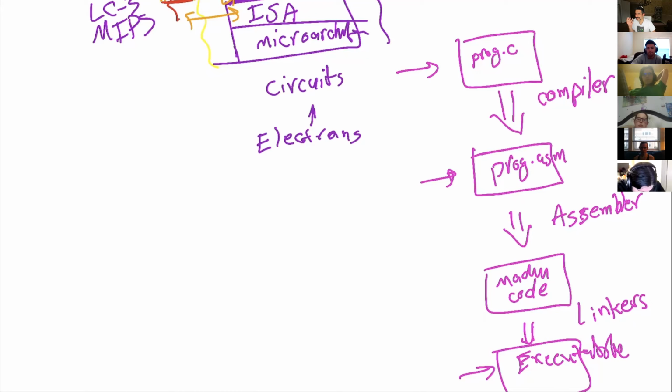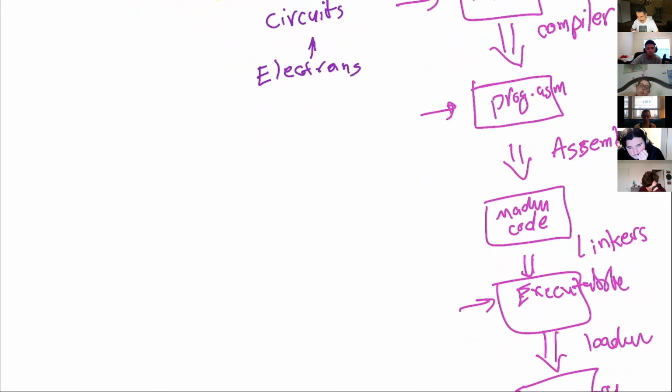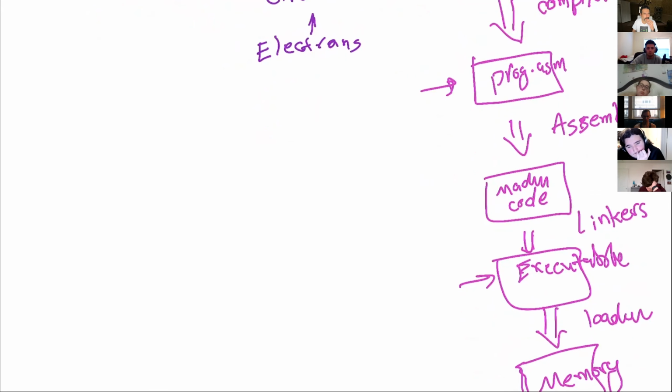All of this, what the compiler does, is some sort of transformation. You could call it optimization, but at the end of the day, all of these are transformations that happen in order to translate your high-level code into instructions or machine code that sits inside the memory.